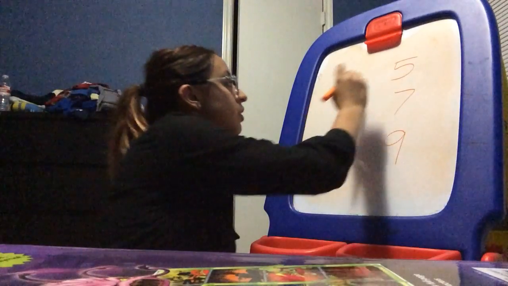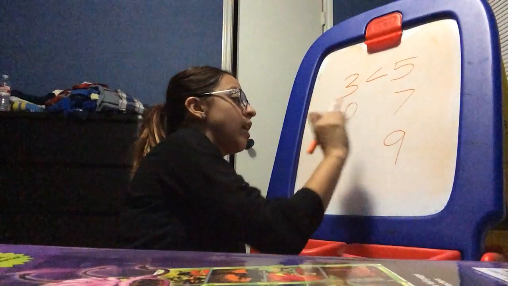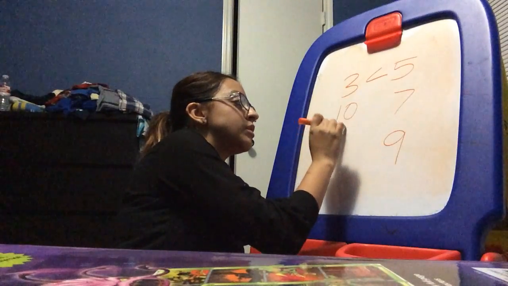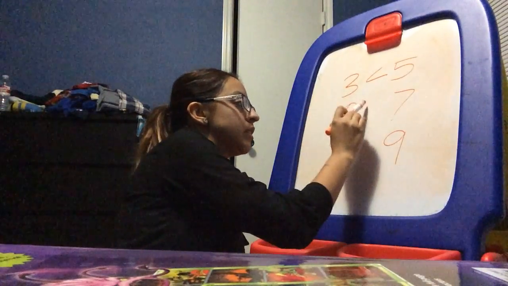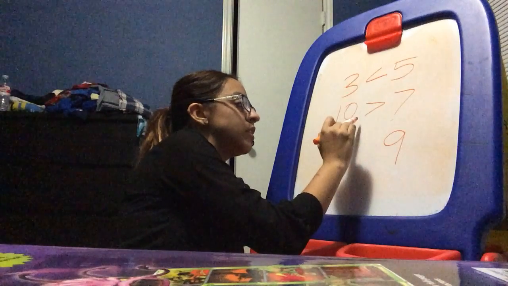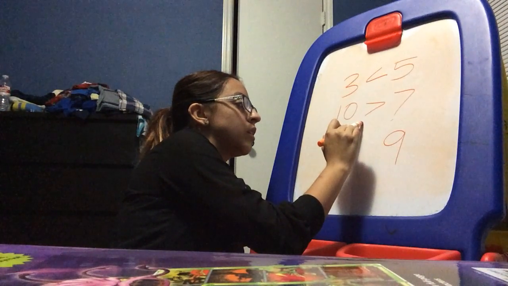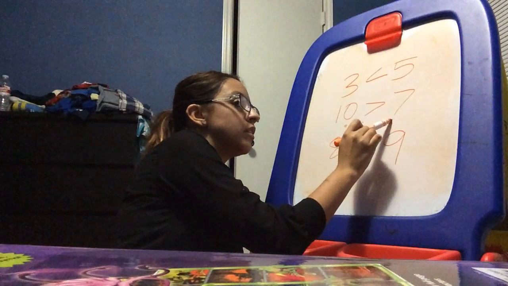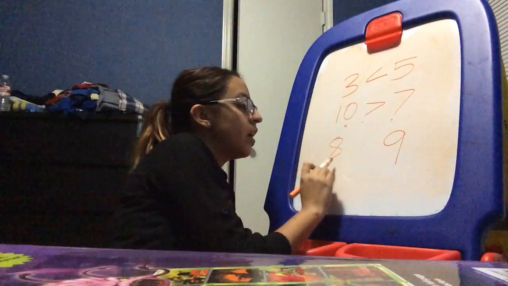The 5. Good. Okay, so now, which number is the crocodile mouth going to be open to? 10 or 7? 10. And how would we say this? 10 is bigger than 7. Greater than. Greater than 7.